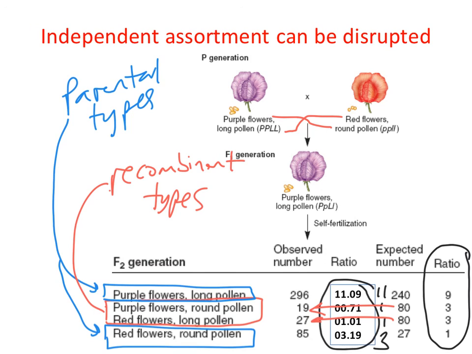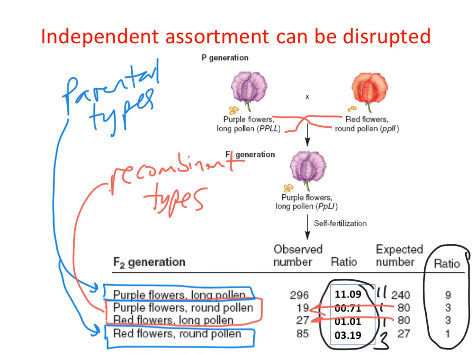So what they saw was, they saw fewer recombinant types than they expected and more parental types than they expected, and that's how we detect whether or not two traits, two genes, are independently assorting. When we see this shift from the expected numbers, we see something totally different in that observed column.